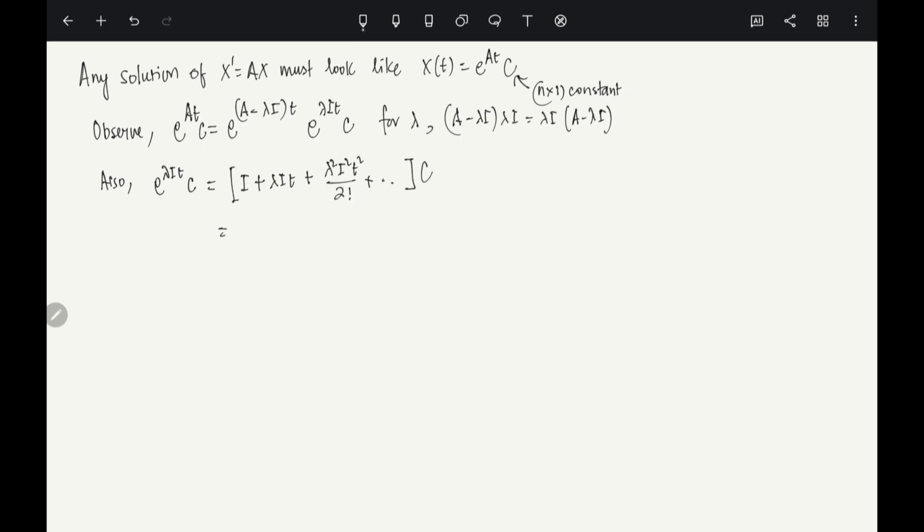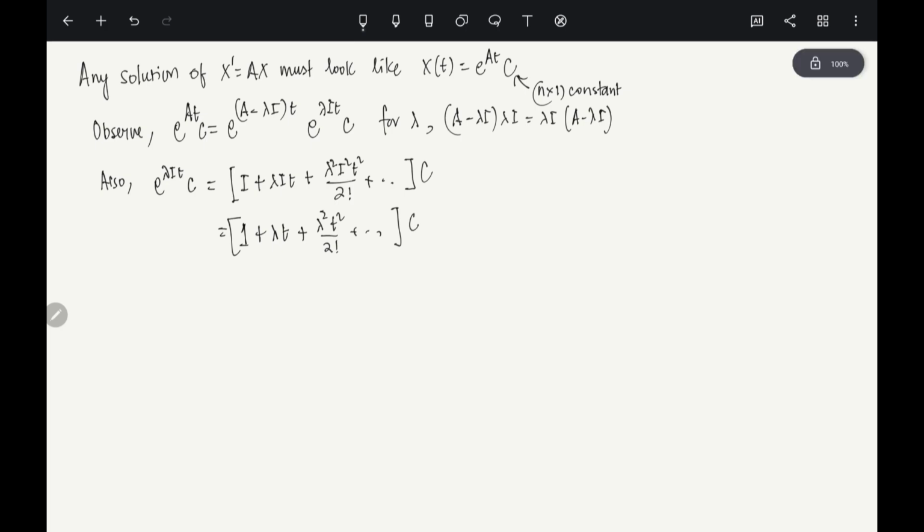Lambda part is here, right? So if you write it properly, this is nothing but 1 plus lambda t plus lambda squared t squared by 2 factorial plus and so on, times C. Identity times C is C, so I am writing that matrix C as 1 times C.